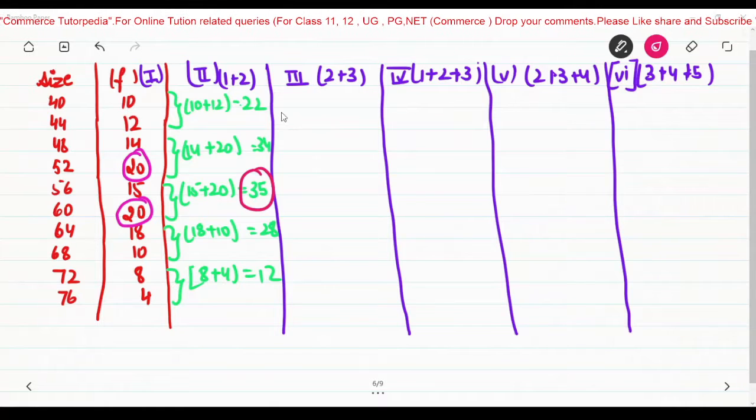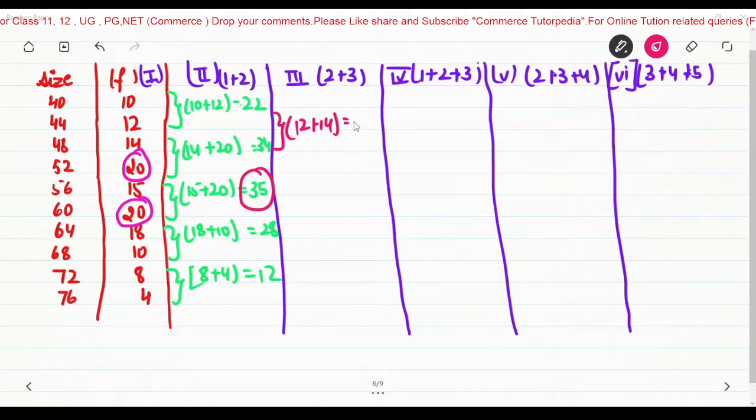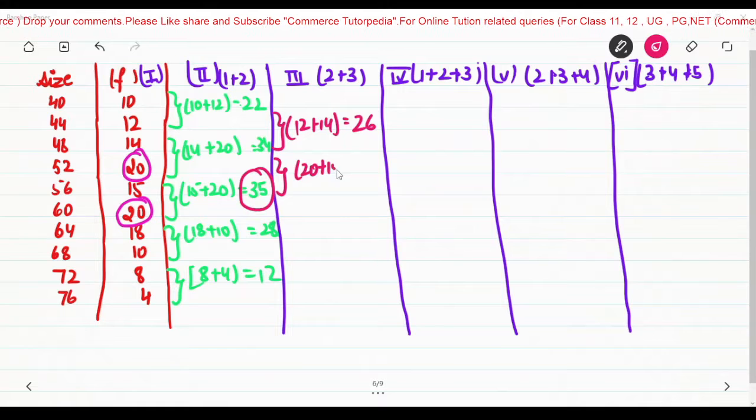Okay, we will group them as a pair of two. So when you add the second and third frequency, you get 12 plus 14, that is 26. Continue this with the other frequencies also. 20 plus 15 is 35.